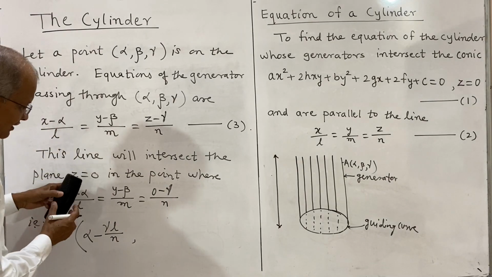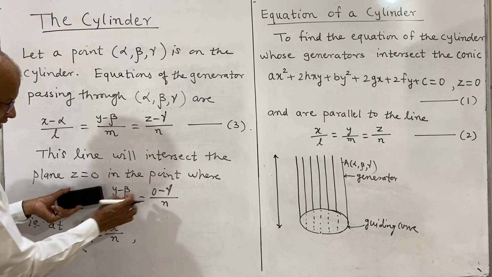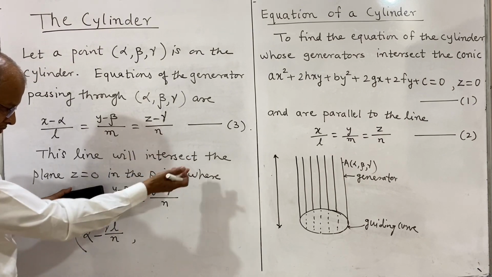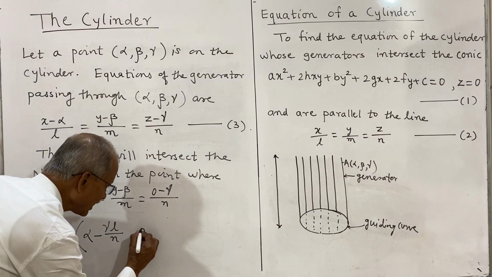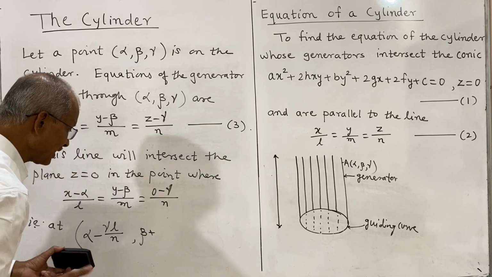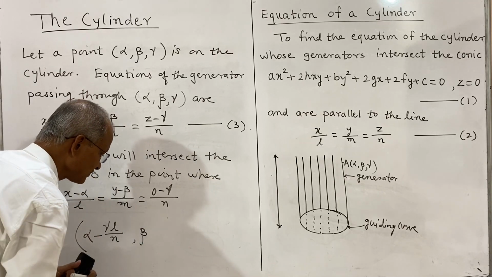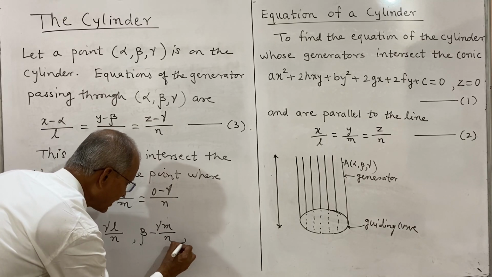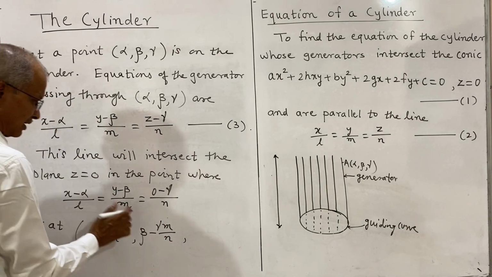Similarly, equate the second and third ratios. So m is to be transferred to this side, and then β becomes plus β, so y = β − γm/n, and z is obviously 0.